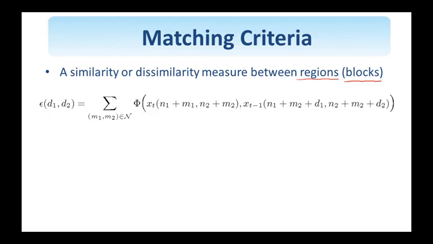So what we see here is a function phi. It's a function of the block at time t and the block at time t minus 1.